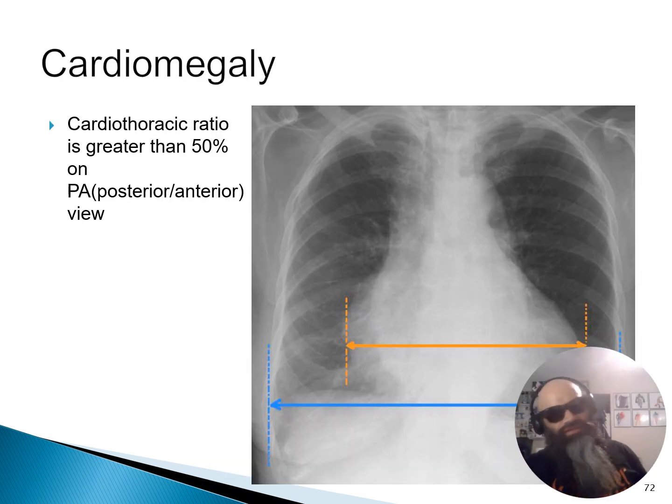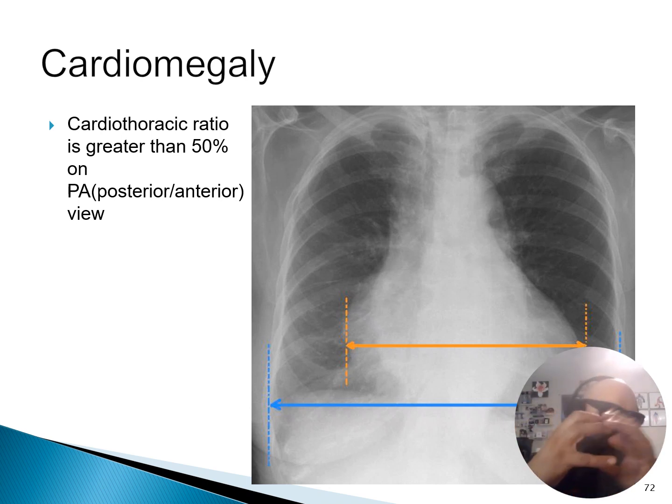So cardiomegaly, it's a condition that can occur in dilated cardiomyopathy or congestive heart failure. There's also another condition called hypertrophic obstructive cardiomyopathy, where the heart muscle is so big, primarily the left ventricle, that it doesn't allow enough space for blood to collect in there.